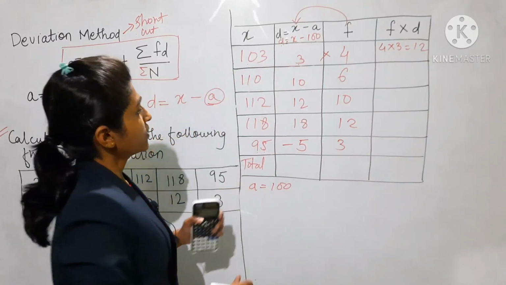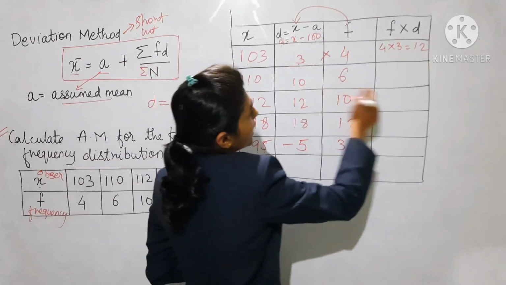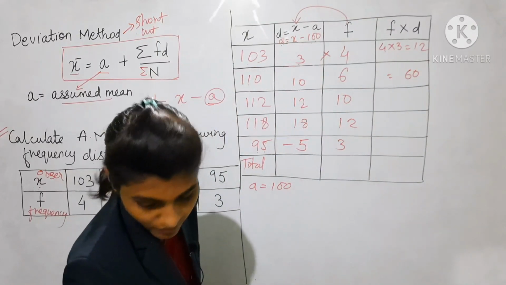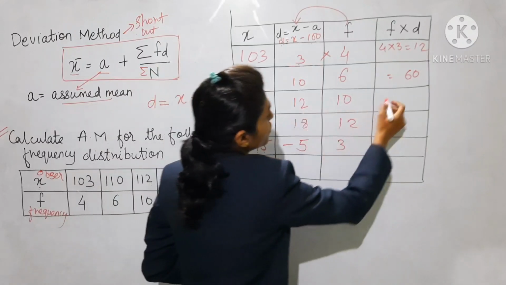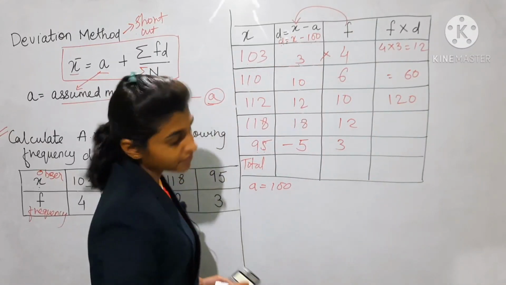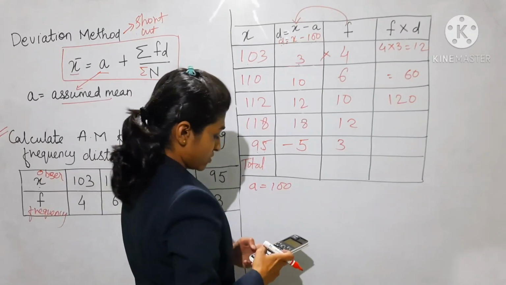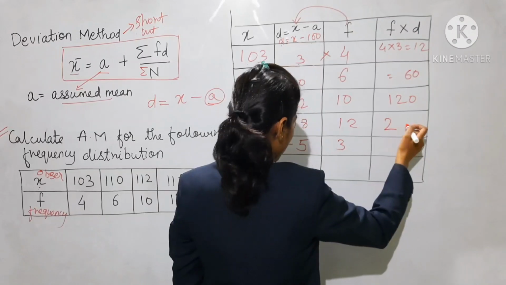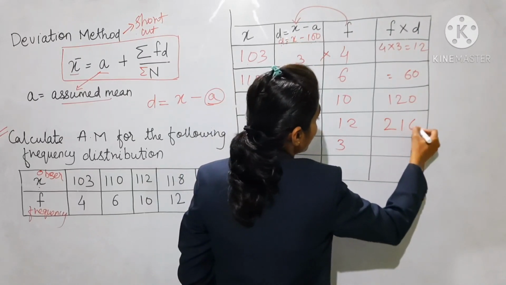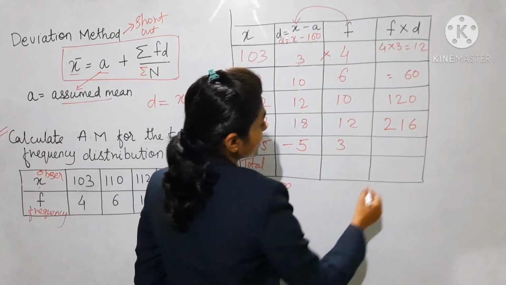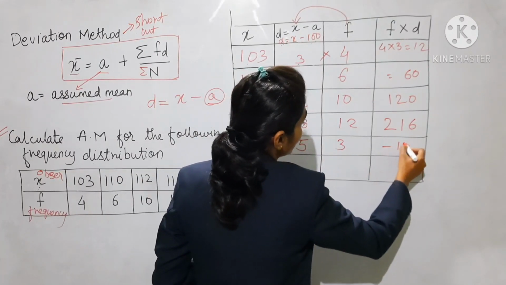Clear? 6 into 10, 60. Then 10 into 12, 120. Now 12 into 18, 216. Then minus 5 into 3, minus 15.